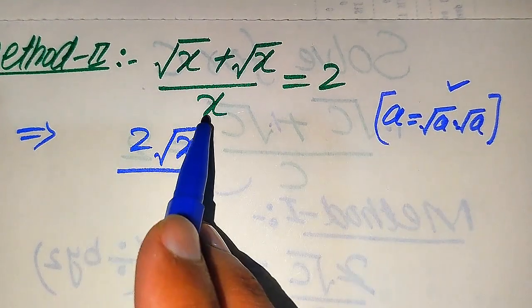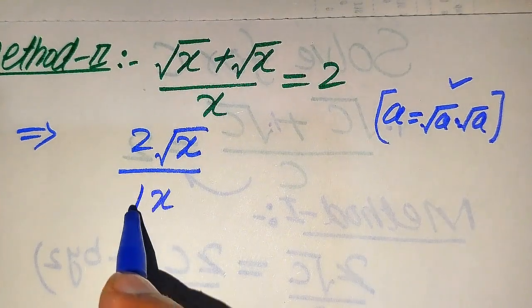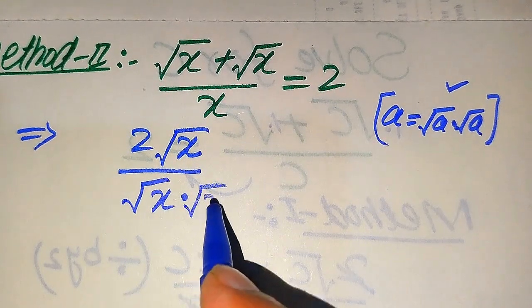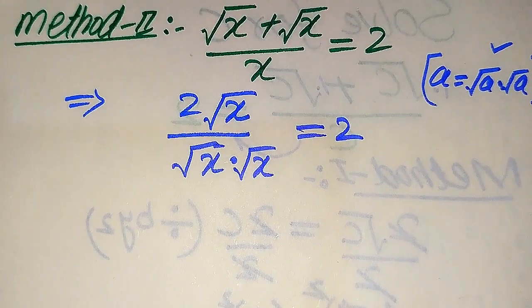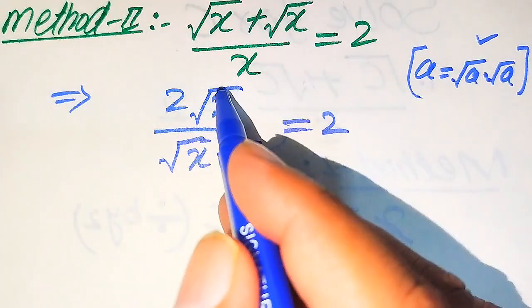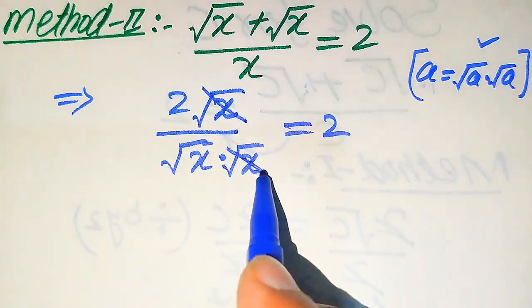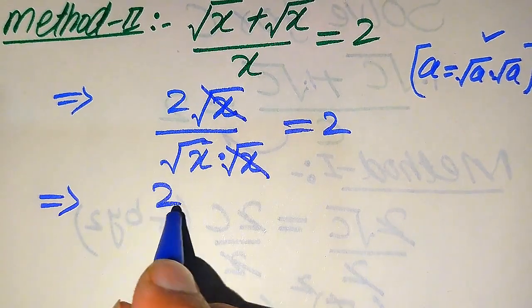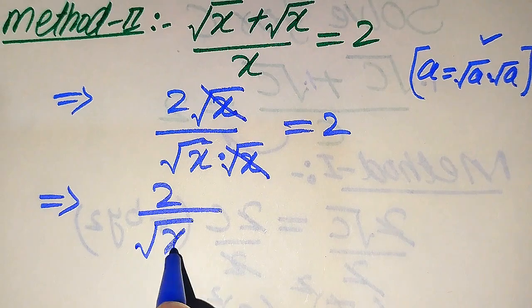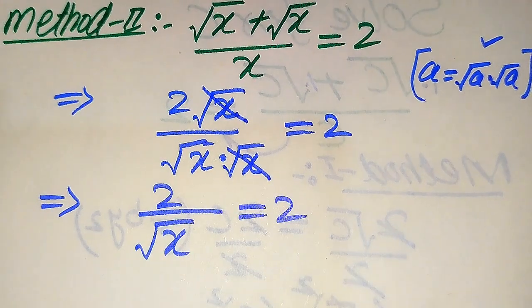According to this rule, we write this x as square root of x multiplied by square root of x, and this equals 2. Further in the next step you see that this square root of x is cancelled out by this square root of x, and we get the remaining values: 2 divided by square root of x equals 2.